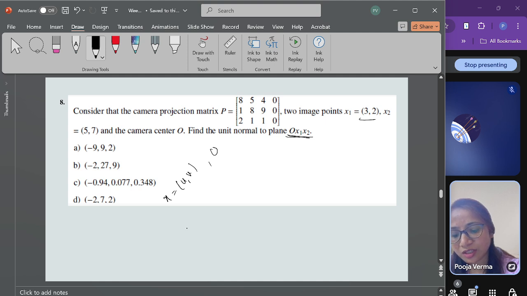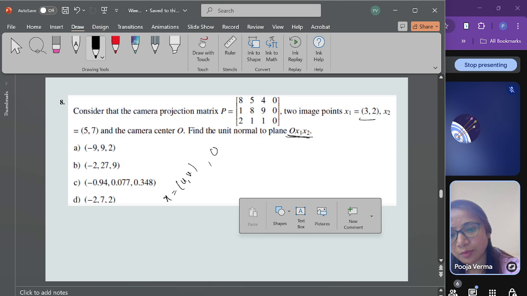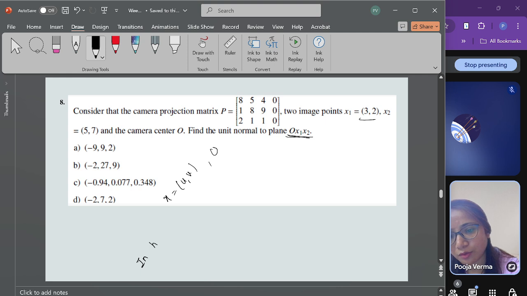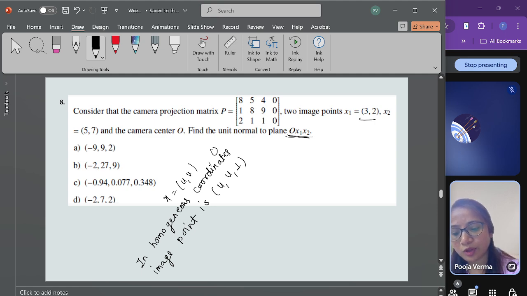In the homogeneous coordinate system, the image point is represented by (u, v, 1). We have already seen that the 3D back projection plane is represented by pi equal to P transpose x.